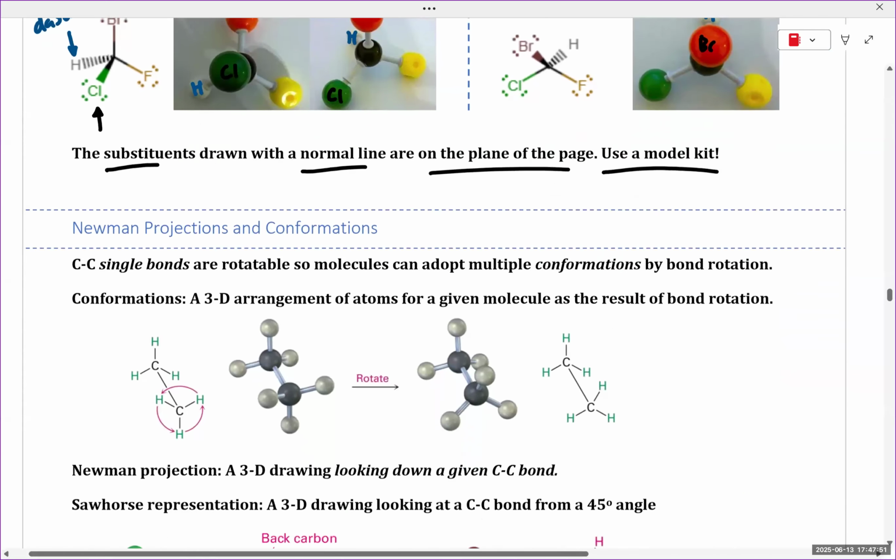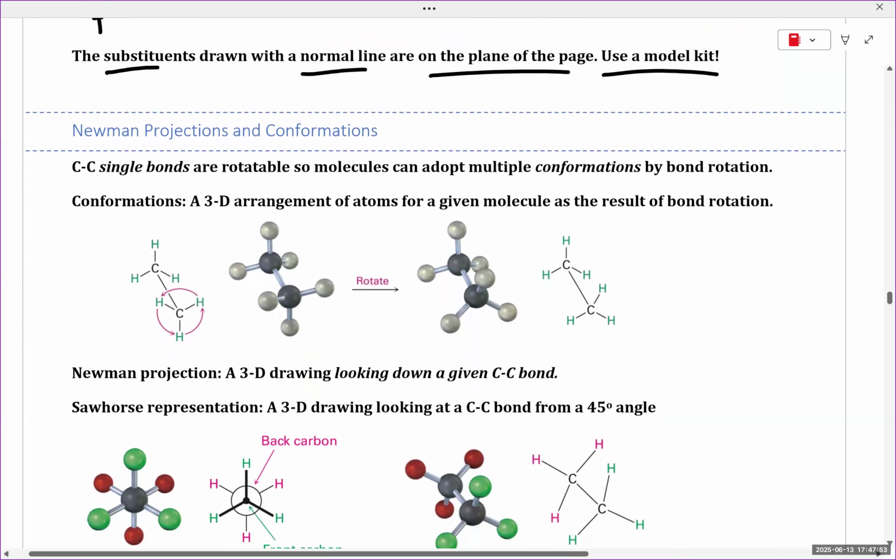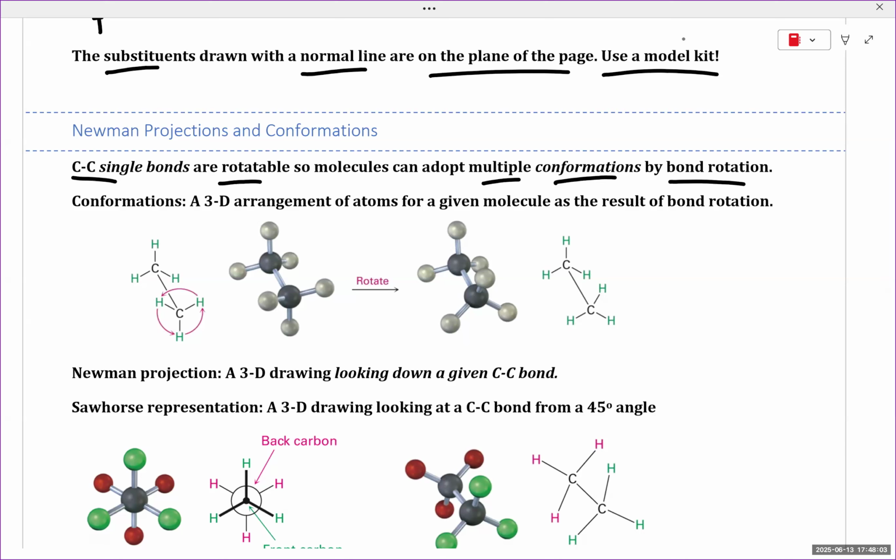Okay, let's talk a little bit about Newman projections and conformations. Carbon-carbon single bonds are rotatable, so molecules can adopt multiple conformations by bond rotation. So this carbon-carbon bond can be rotated, and as such, we can access multiple unique conformations as a result of bond rotation.